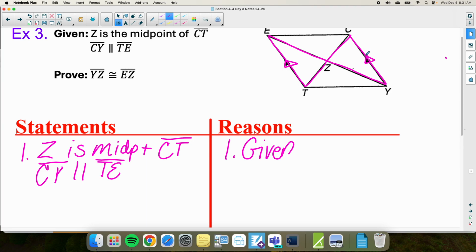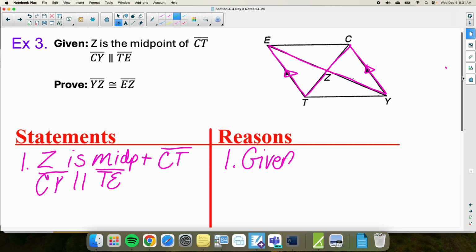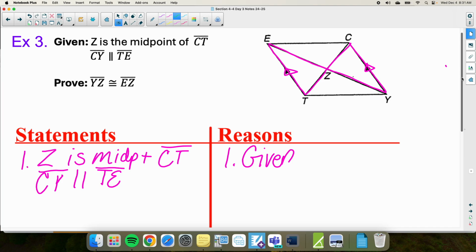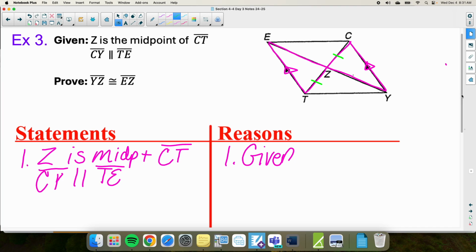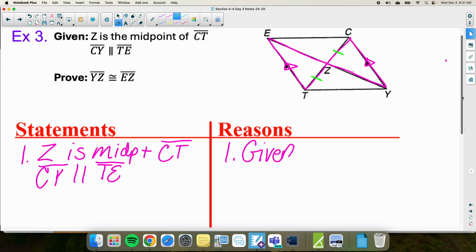Now let's deal with Z being the midpoint of CT first. That means these 2 pieces are equal. So I could say CZ is congruent to ZT, okay?